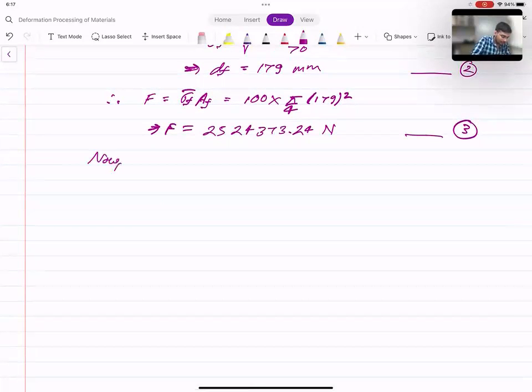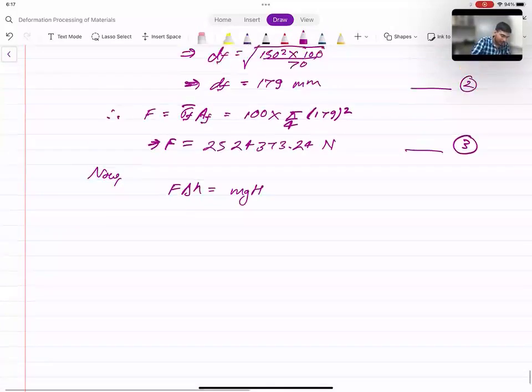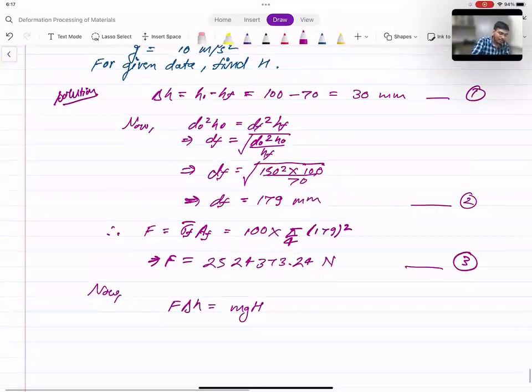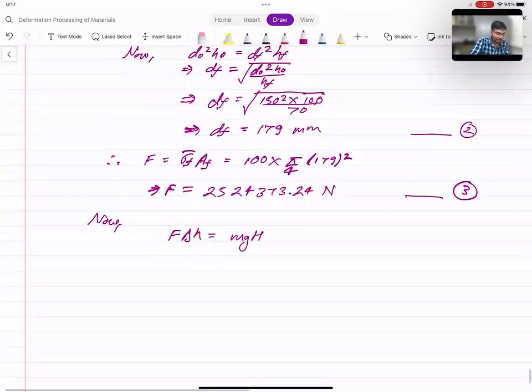Now again we can apply the relation F delta H is mg capital H. So let us put the values here. Remember this delta H we have calculated in mm, and when we put it here, we need to put it in meters because everything we are putting in SI units.